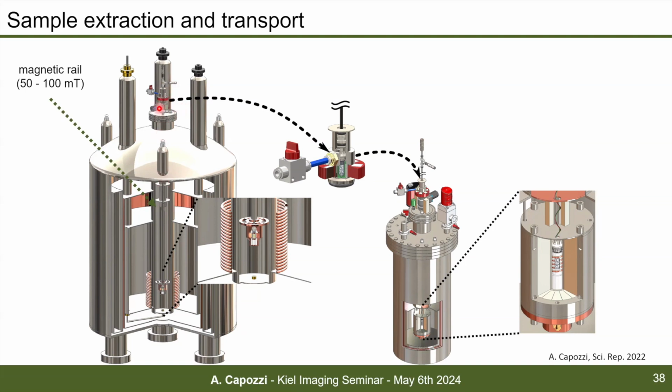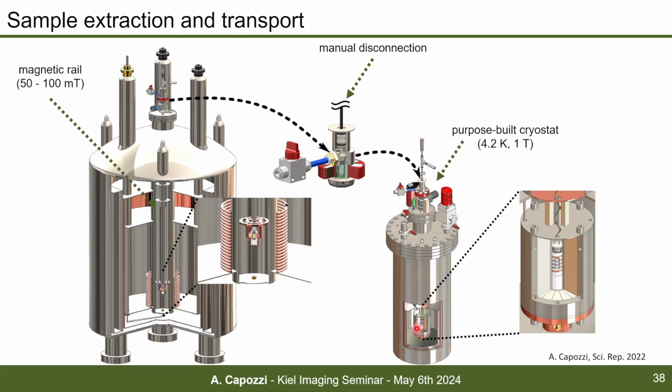Then what we do, we disconnect the loading chamber, very similar to what you have in Kiel, the airlock module. We have a Halbach array here that provides field, and we dock it to this compact transportation device. It's a compact cryostat, 40 centimeters tall, that we developed in-house.